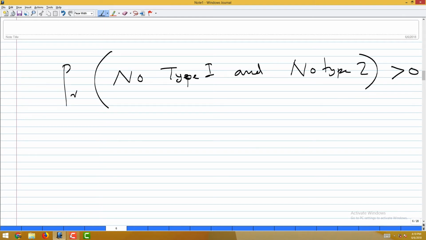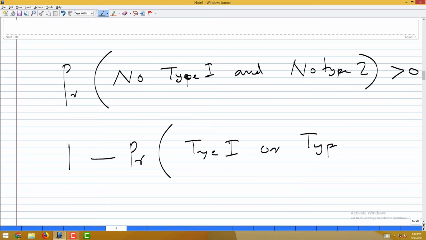This is 1 minus the probability that type 1 or type 2 happens, because it is the complement of that.